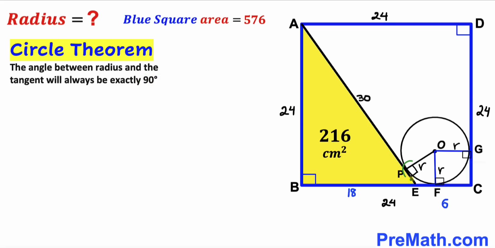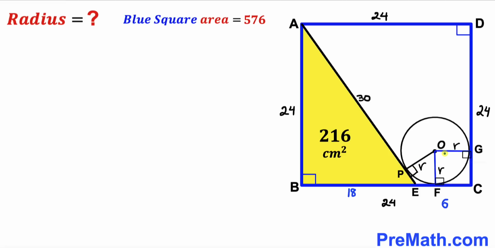So no wonder all these angles are going to be 90 degrees each, since these are our radii and these are our tangent lines. And now we can see this tiny square FCGO is indeed a square. And we know this side length FC is same as this side length OG. If this side length is radius r, then this FC length is going to be lowercase r as well.